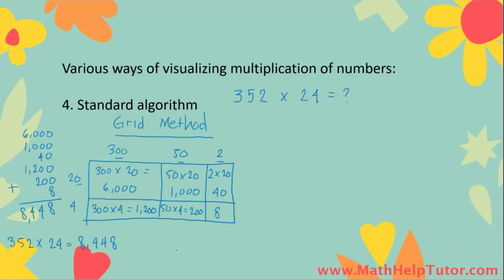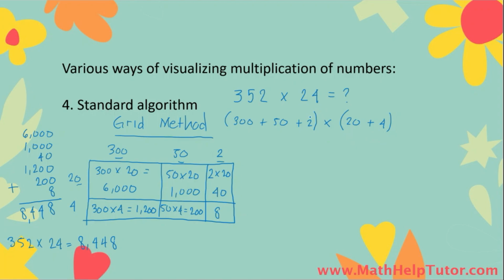To see this more clearly, let's write our numbers in line. So 352 is actually like 300 plus 50 plus 2. These numbers here in parentheses is 352 multiplied by 24, which is 20 plus 4, and we put parentheses because this represents this number. So notice that we are multiplying each of the places of one number to each of the places of another number.